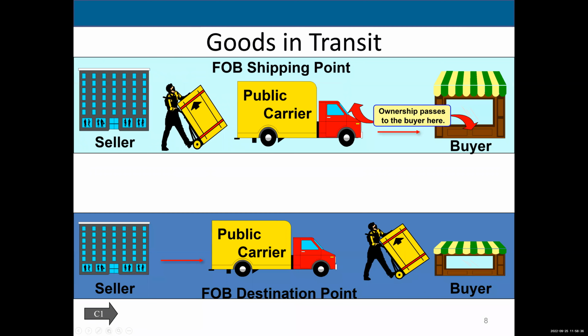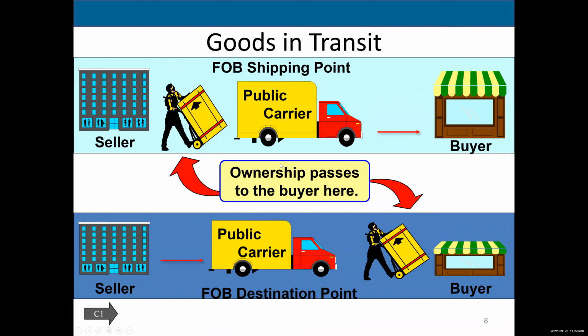So this is it. If it's FOB shipping point, it's free on board at the seller's. As soon as the seller puts it on the truck, ownership passes, right? So even if it's on 99 coming to Fresno, you would include it in your inventory.